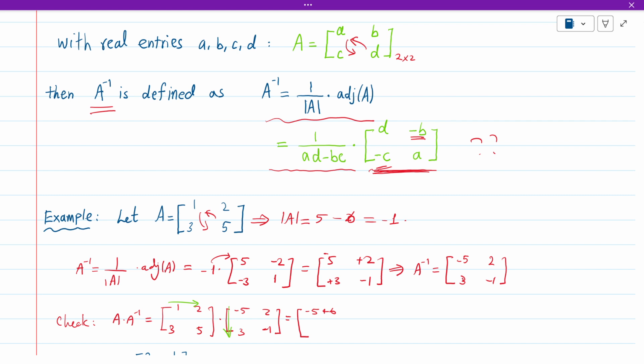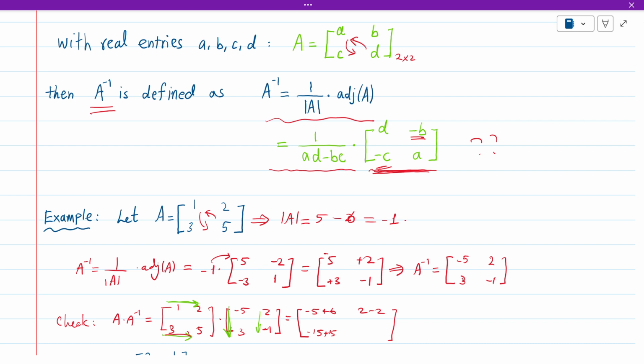Next, again this row times this column: 1 times 2 is 2, plus 2 times negative 1 is negative 2. Then the second row by the first column: 3 times negative 5 is negative 15, plus 5 times 3 is positive 15.